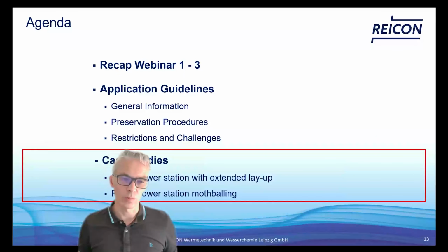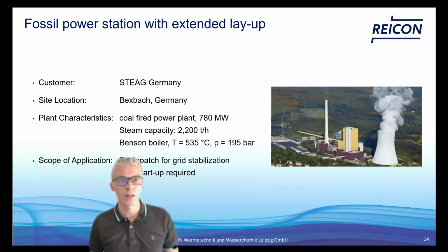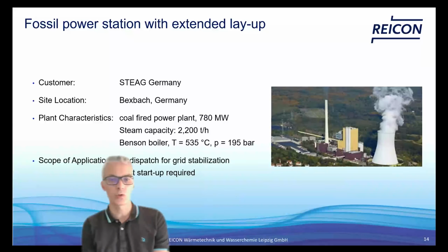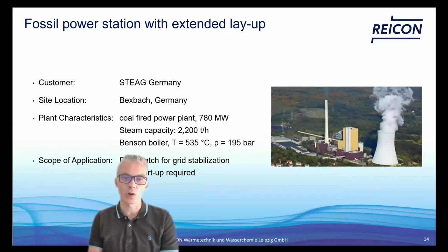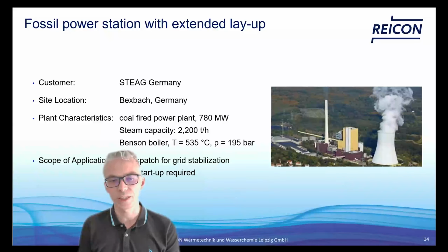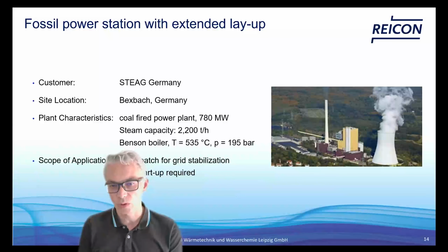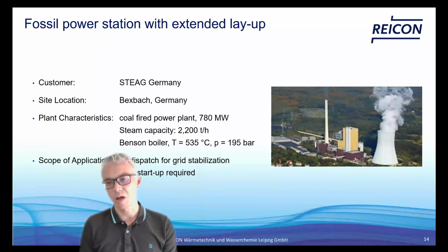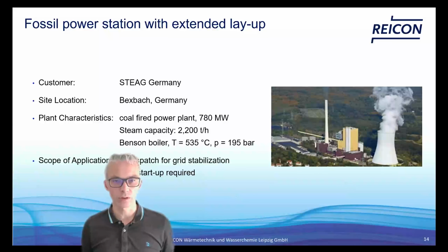Coming to some examples and case studies. First one is a fossil unit in Germany, which was facing a change of operation into grid stabilization activities. So they will stop for an unknown period of time, but then there is a fast startup required.